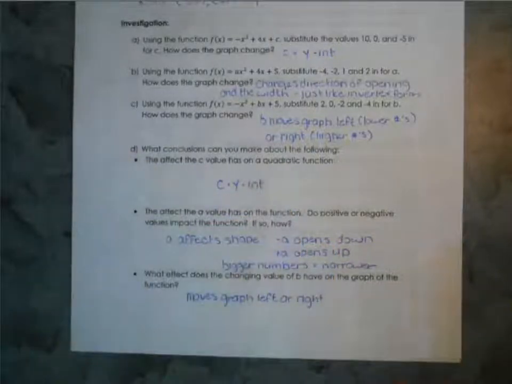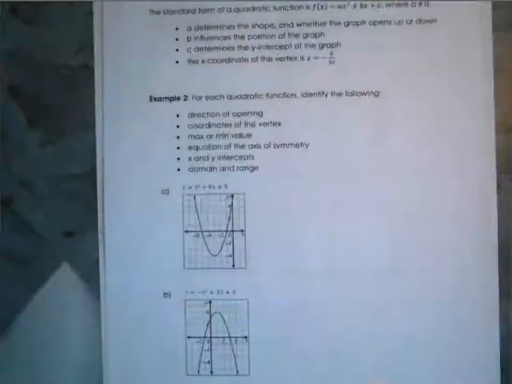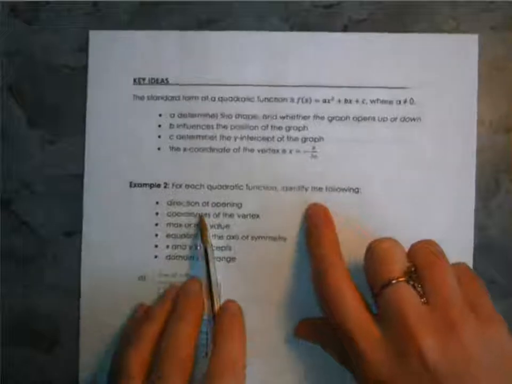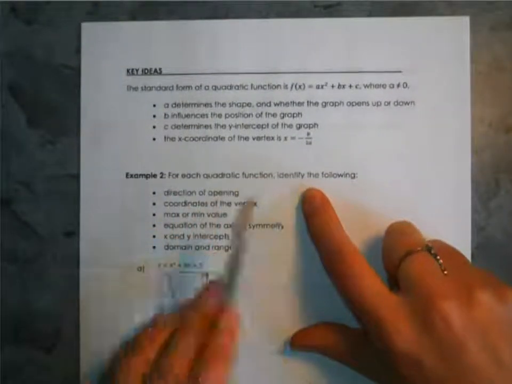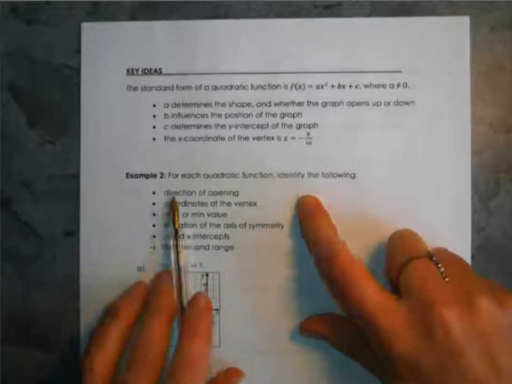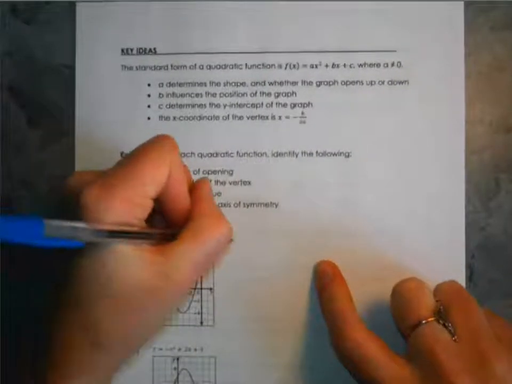Okay, so now we have a little bit of an understanding of how these different values are going to impact whatever graph it is that we're obtaining from this. Okay, so there's a little bit of a summary here of everything that we just talked about. And let's give an example a try. So for each quadratic function, identify the following. So the direction of the opening is the first thing.